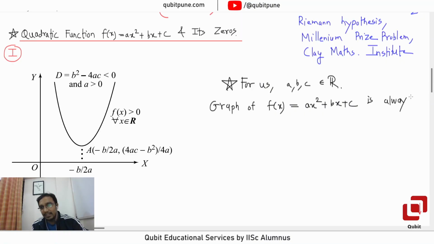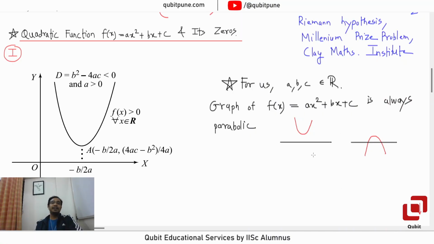So only 2 possibilities are there. Which possibilities? Possibility number 1, well, no need to show the vertical axis, is something like this, and possibility number 2 is something like this. Now see, it may intersect the x-axis.